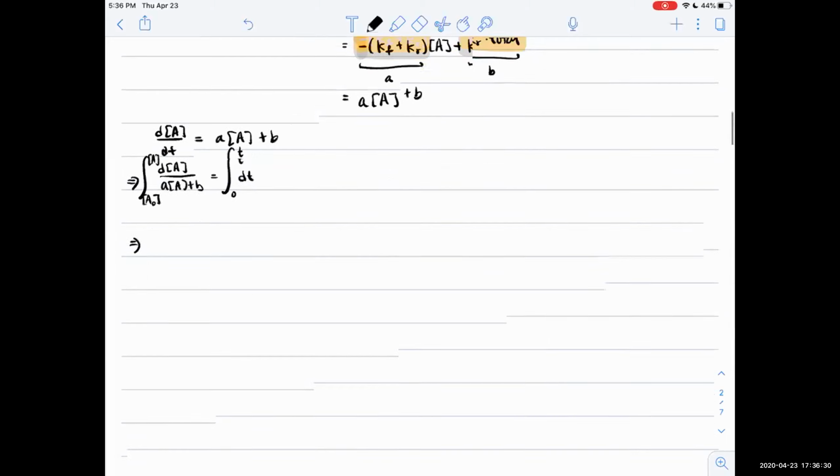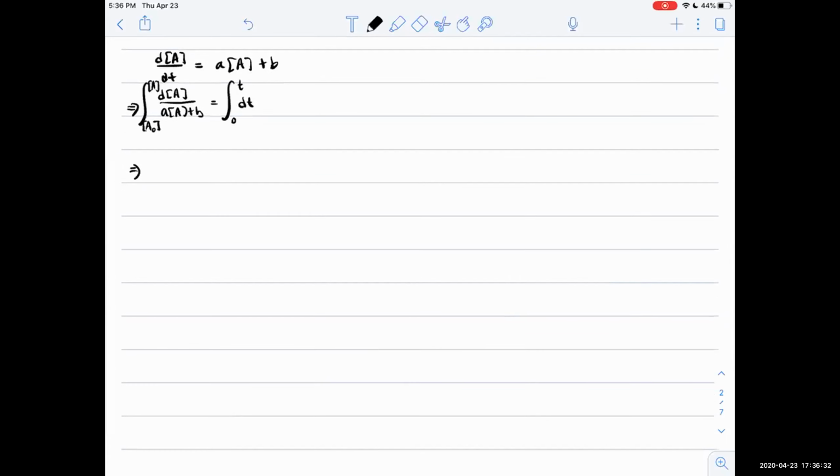So if I take the integral, for the right side it's just going to be at. For the left side, because the form is 1 over something, it's going to be a natural log, ln of a times the concentration of A plus b.